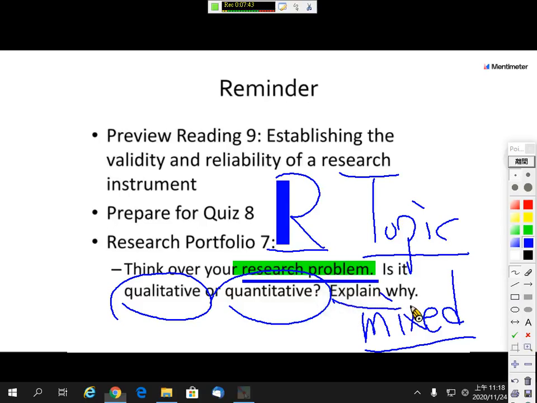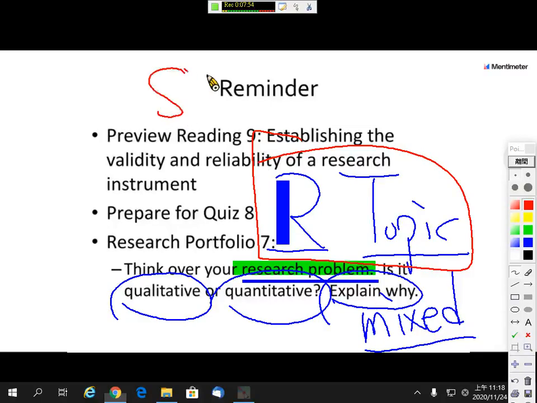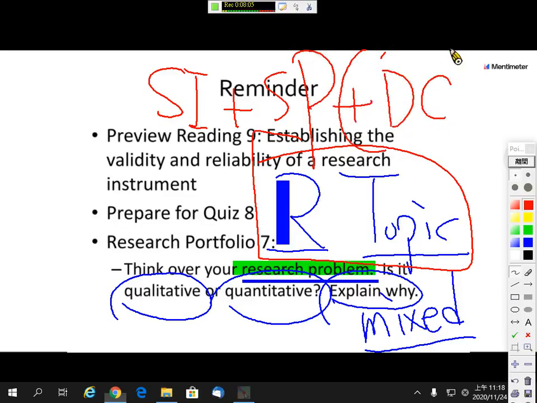Then you have to explain why. And remember, in your research topic, you need to clearly identify your study issue and your study population, and possibly your data collection method.